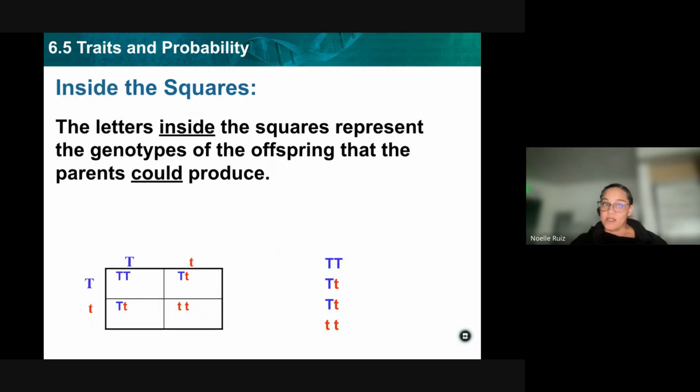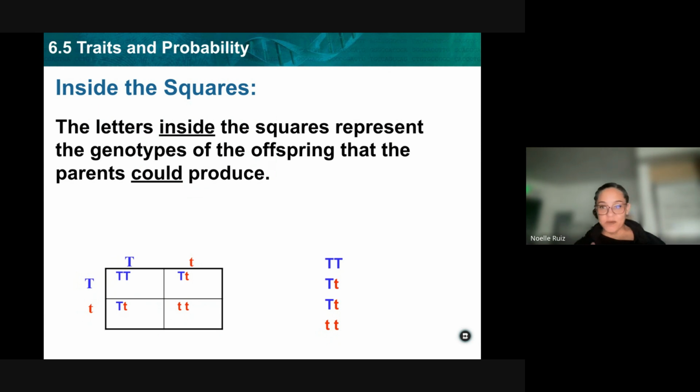So inside the squares, like I said, the letters inside represent the genotype of the offspring the parents could produce. So we're going to take them and line them up on the outside of the boxes so that we can talk about them.